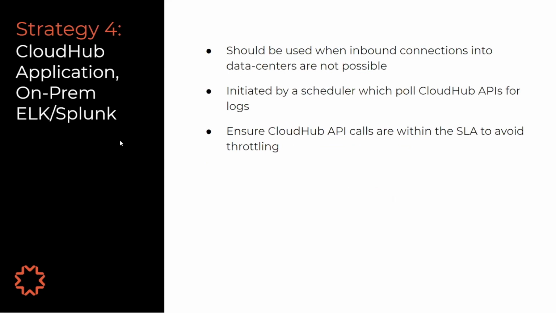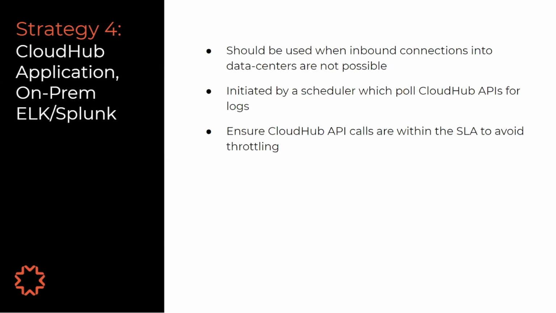It is going to be initiated by a scheduler that's going to poll CloudHub APIs for your logs. This is going to help you out with picking those logs up from a server, or you can also use a RESTful API call that goes out and gets those logs for you. You'll need to ensure CloudHub API calls are within the SLA to avoid any kind of throttling.